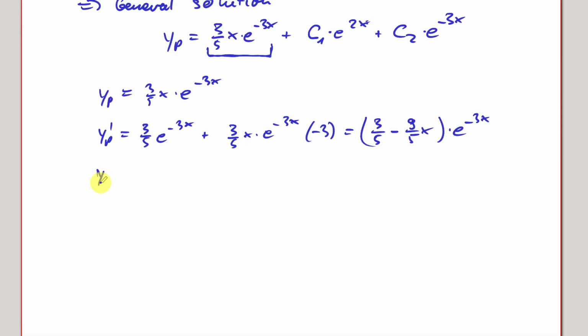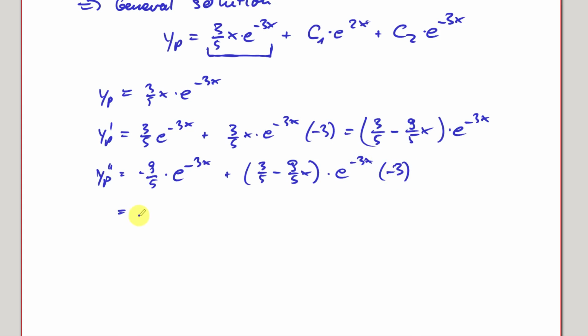Okay, and y double prime is just the derivative of this one, so we have minus 9 over 5 times e to the power of minus 3x, plus, now the bracket, 3 over 5 minus 9 over 5x, times e to the power of minus 3x times minus 3 because of the product rule.